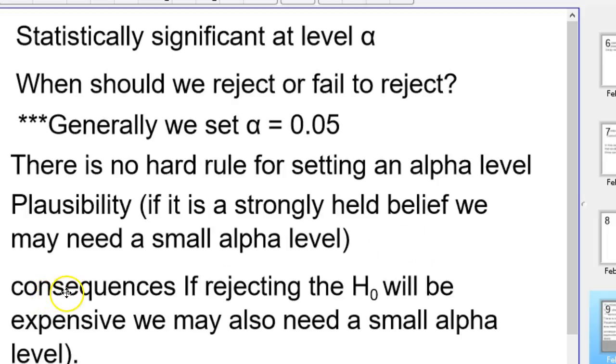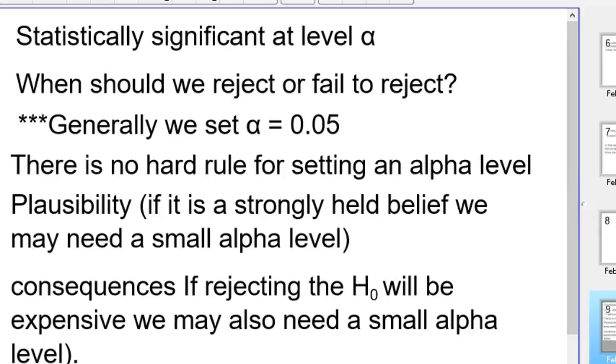And you should also look at the consequences. If we reject the null hypothesis, will that be expensive? Those are 2 things that might help us determine an alpha level. Because you might use an alpha level of anything less than 10%, anything less than 0.1.